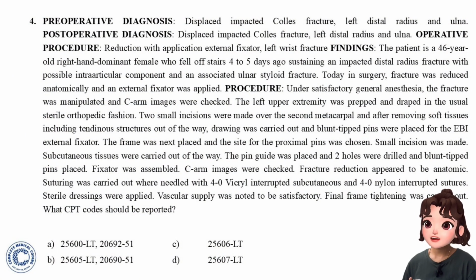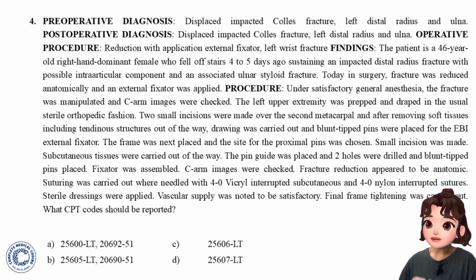First sentence under procedure: under satisfactory general anesthesia, so general anesthesia is carried out. The fracture was manipulated. So the procedure is done with manipulation, so the code should be with manipulation. Code 25600 is the incorrect code, because the description says without manipulation. So option A, you can skip it.